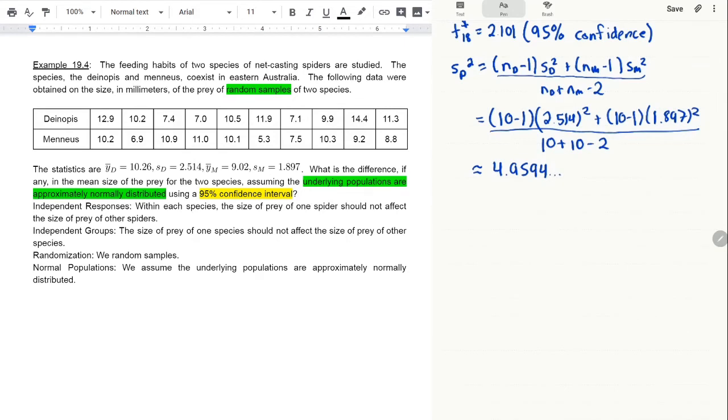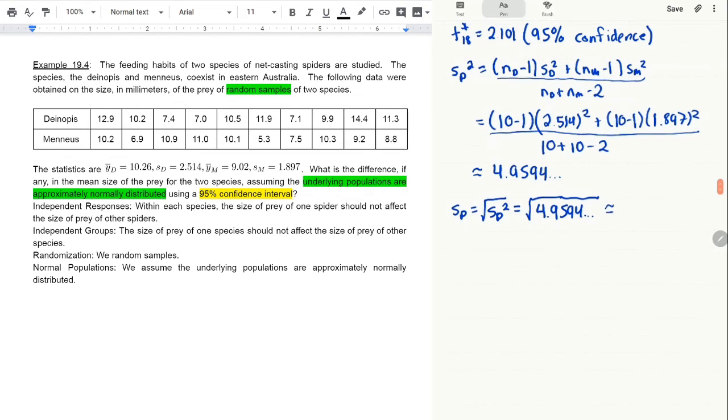So now we will calculate the pooled standard deviation by taking the square root of the pooled variance. Okay, so the square root of 4.9594 will give us a pooled standard deviation of 2.2269. And now we can use this to calculate our pooled standard error.